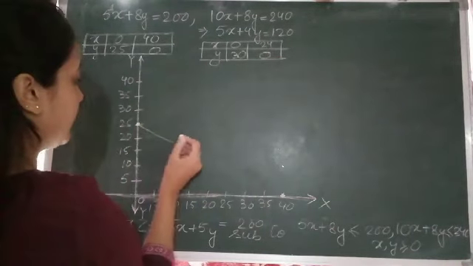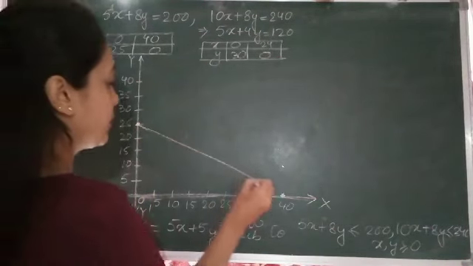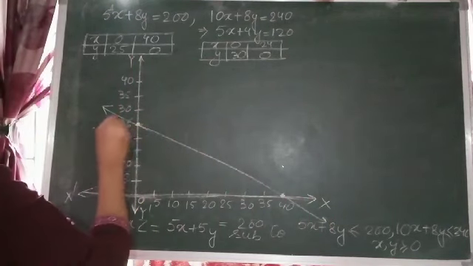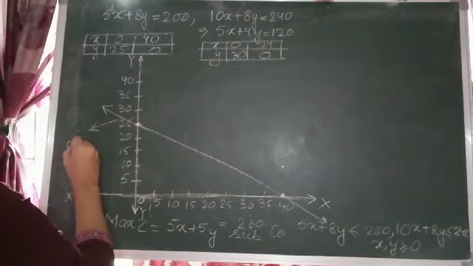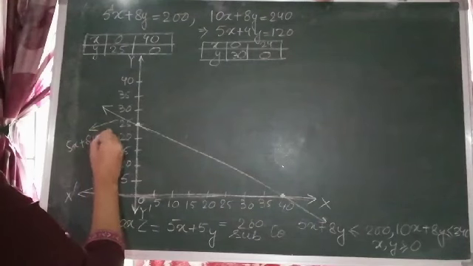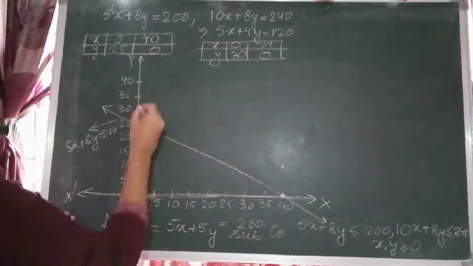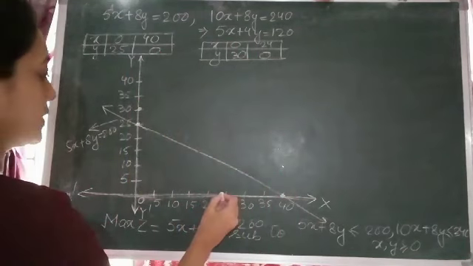So join the points, you'll get the graph of the first equation, that is 5x plus 8y equals 200. Next 0, 30 and 24, 0.